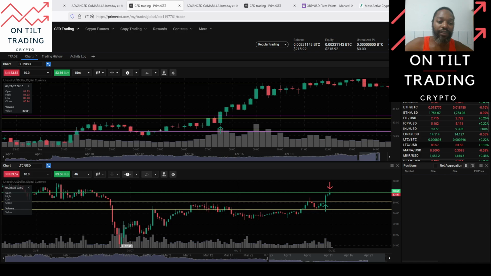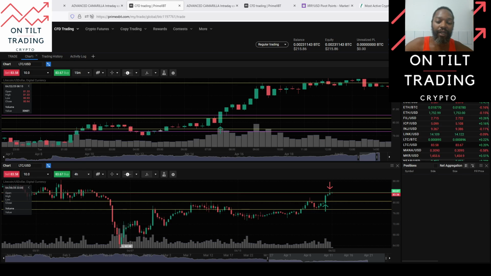We can see the price action being bought up into the R4 Camarilla pivot here. So for the New York open, this being the last strong high, and this candle here being the last strong low, setting this pre-market range here.